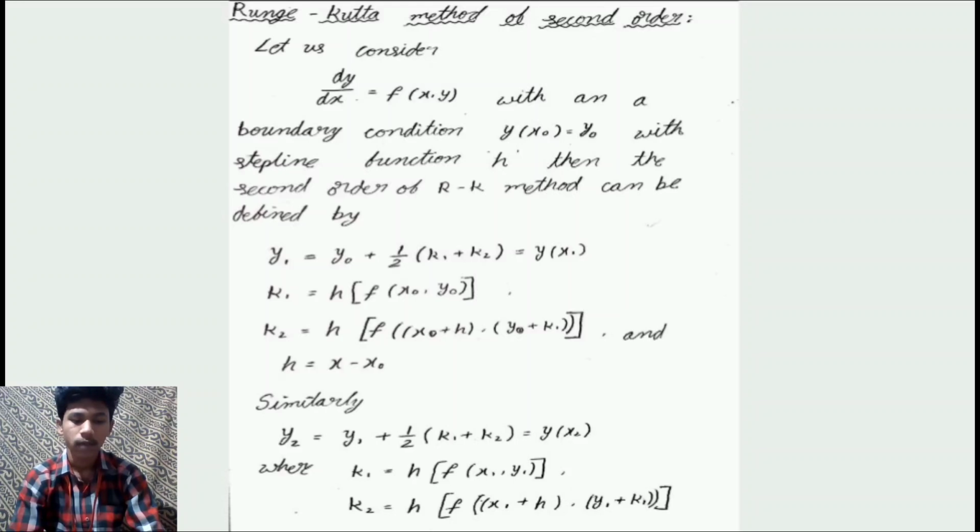And similarly y2 is equal to y of x2, which is y1 plus 1 by 2 into k1 plus k2, where k1 is equal to h into f of x1 comma y1, and k2 is equal to h into f of x1 plus h comma y1 plus k1.